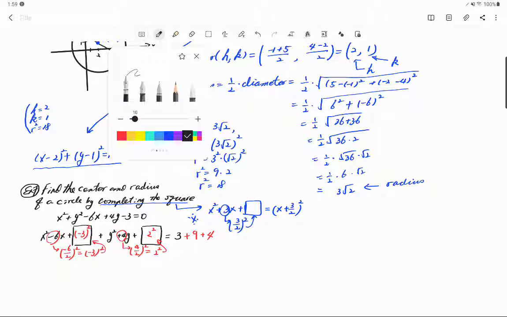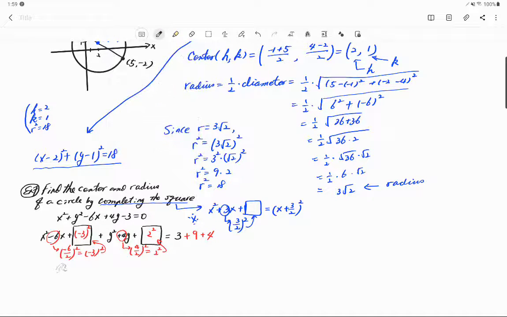Then the first 3 terms make a perfect square, (x minus 3) squared. And the last 3 terms make (y plus 2) squared, and that is equal to 3 plus 9 is 12, 12 plus 4 is 16. All right, then 16 equals what? Let's rewrite it as r squared.